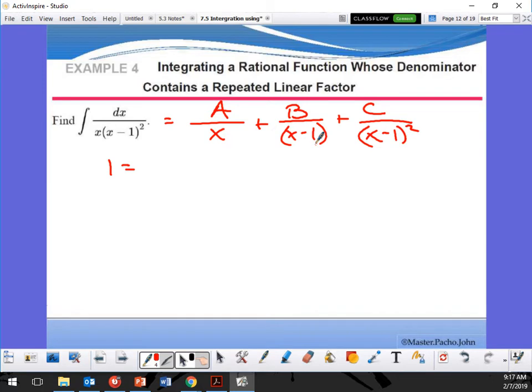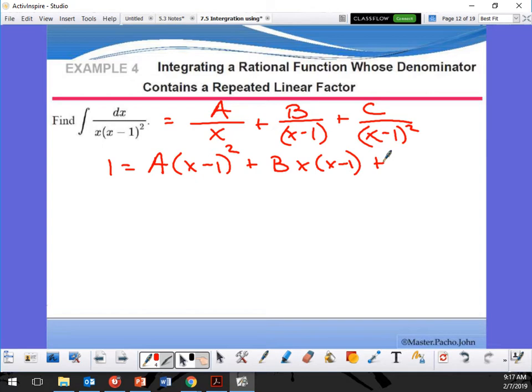Okay, so it's going to be A times quantity x minus 1 squared, and then plus B. Now, what's this one missing? Another x minus 1. An x and an x minus 1. So x, and then this one's missing.